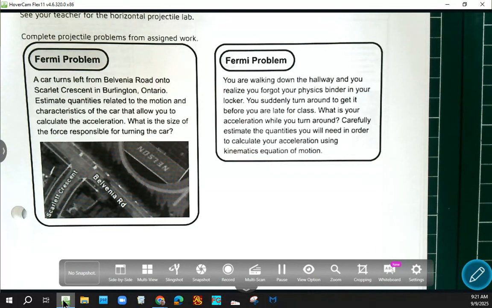If you don't remember how Fermi questions work, there's basically no numerical information given. You have to guess, estimate what the reasonable numbers are, okay? I'll give people a few minutes right now, and we'll figure out as a class what the reasonable answers are to these questions. Go!